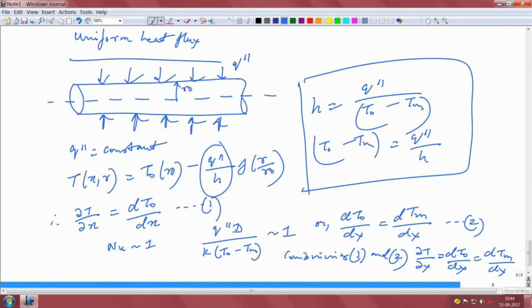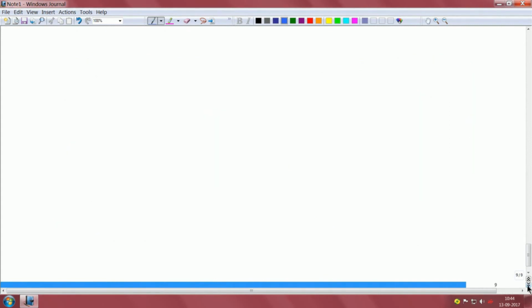In addition, we already know that dTm by dx is 2 by r naught times Q double prime divided by rho c p times u. Recall, this u is the average axial velocity.